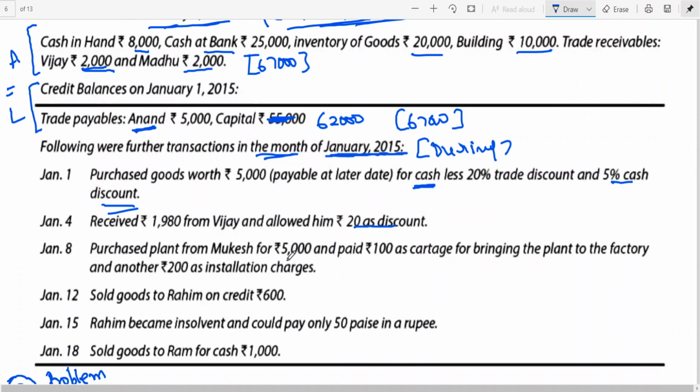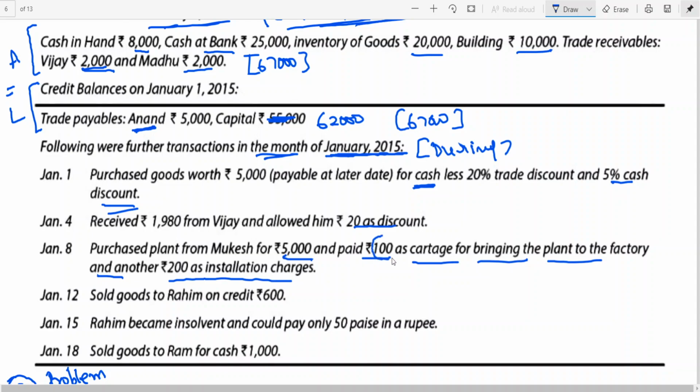Purchase plant from Mukesh for 5,000 and paid 100 rupees as cartage for bringing the plant to the factory and another 200 rupees as installation charges. Now, the cartage for bringing the plant is transportation charges, and also installation charges.